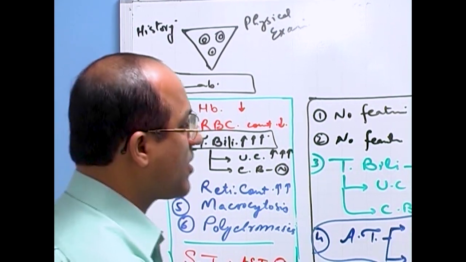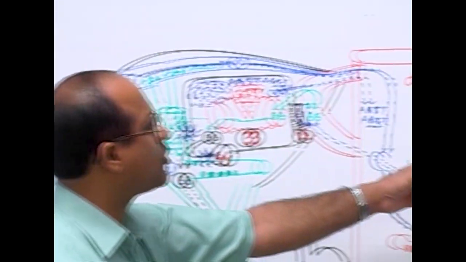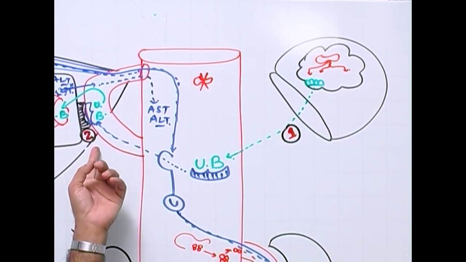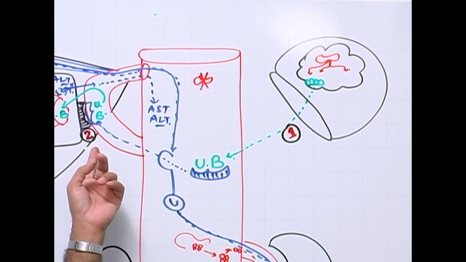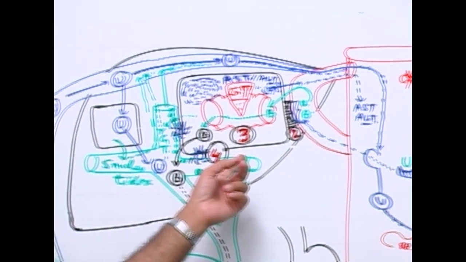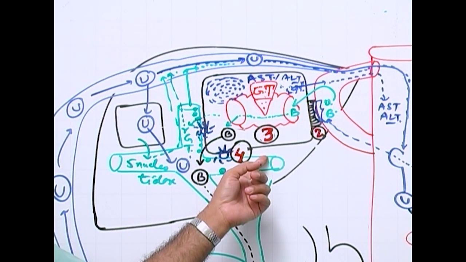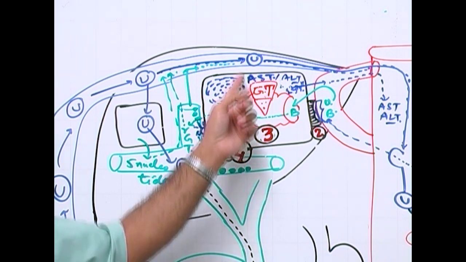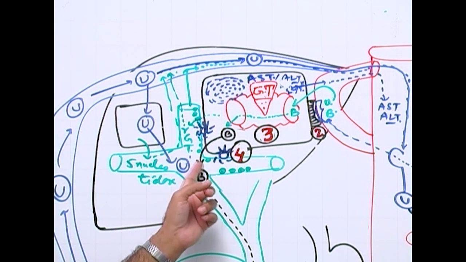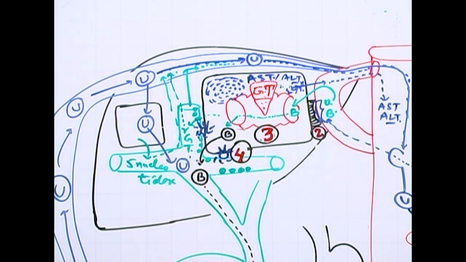So again, when you come to group number 1 and 2, you find that markers of liver cell injury are normal and markers of canalicular injury are normal. But when you come to case number 3, what really happens is that markers of hepatocellular injury are very high, 10 times the normal value, and there is mild to moderate elevation in markers of canalicular injury.